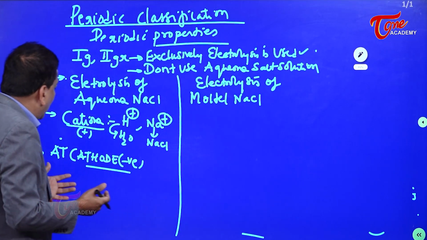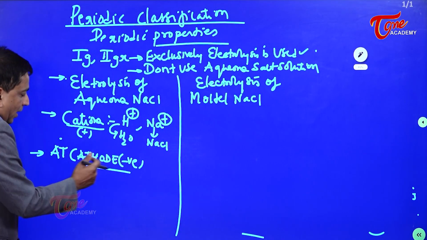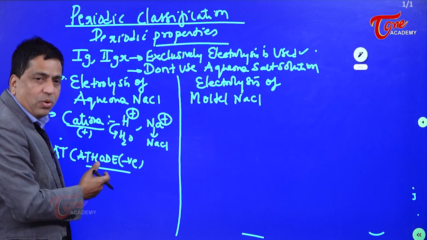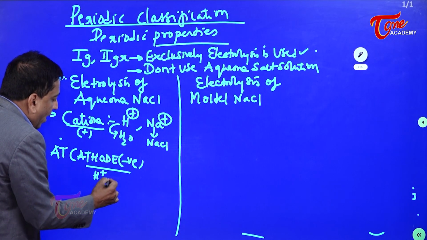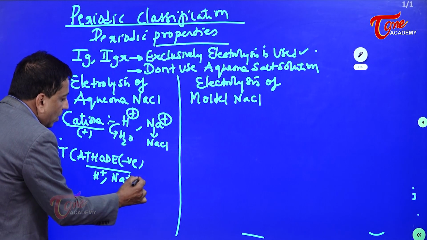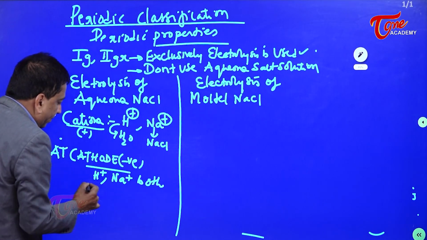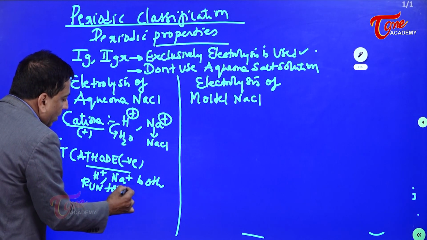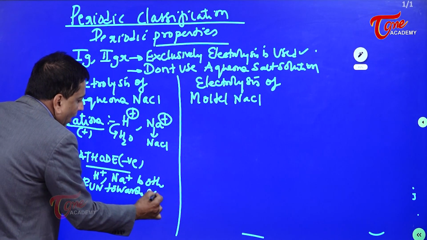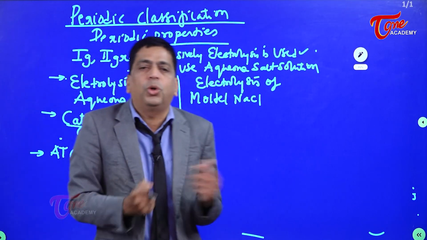So when you switch on, at cathode what is happening is, the H plus and Na plus both run towards what? Cathode. They both run towards cathode because both are hungry.